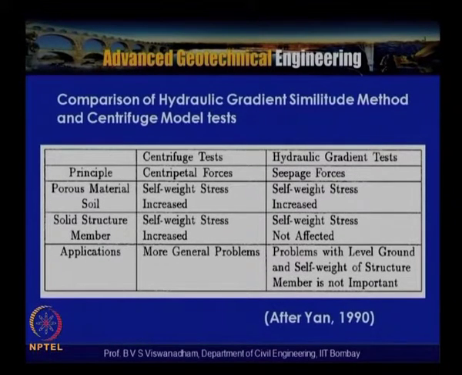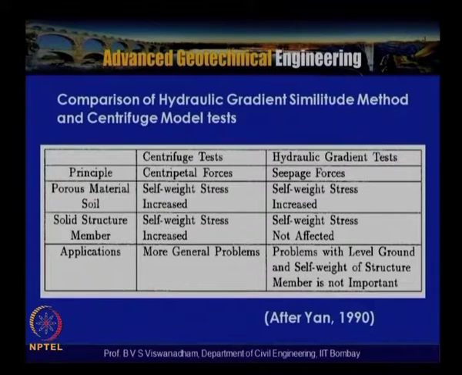But in the hydraulic gradient test this is not done; the self weight stresses are not affected, they remain the same. As for application, there are more general and complicated problems where the construction process can be simulated, or climatic events like rainfall, or earthquake, or a combination of different loading forces can be simulated in the centrifuge model test, which we are going to discuss in some selected applications.